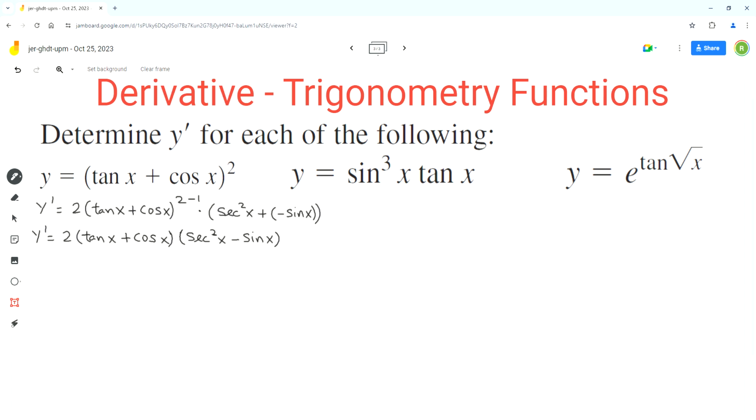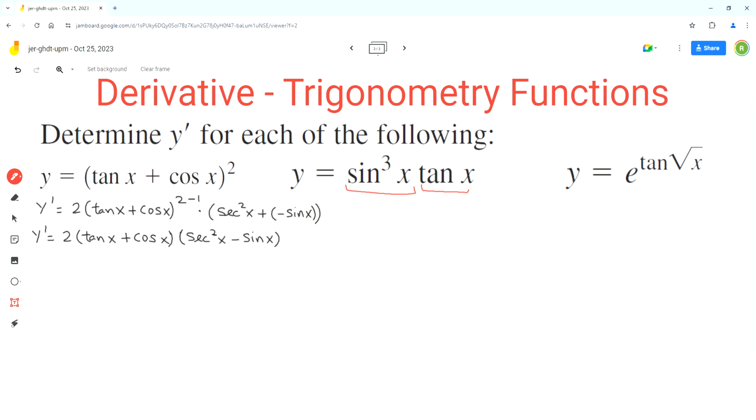Now we can analyze the second one. We are given y equals sine cube x times tan x. This expression is made up of two functions, sine cube x and tan x, being multiplied. So we'll have to use the product rule to find the derivative of this y equation.